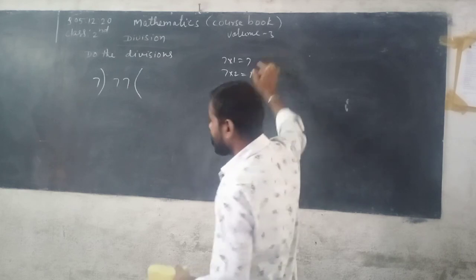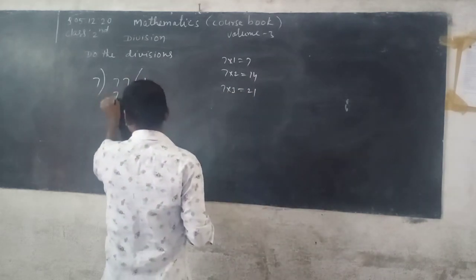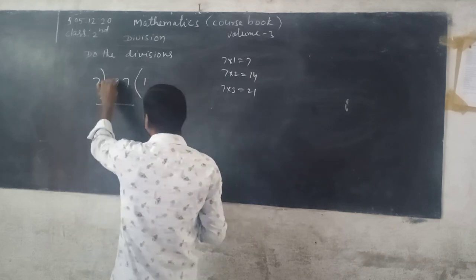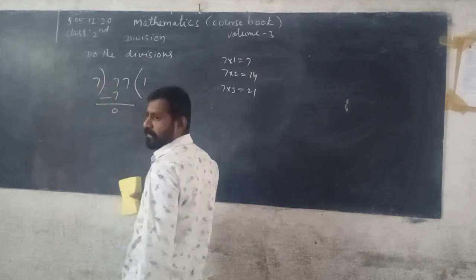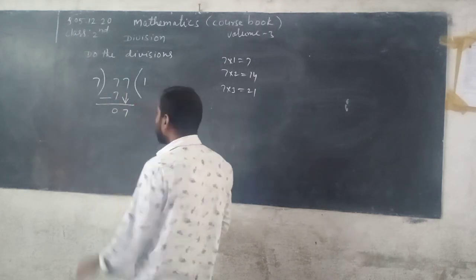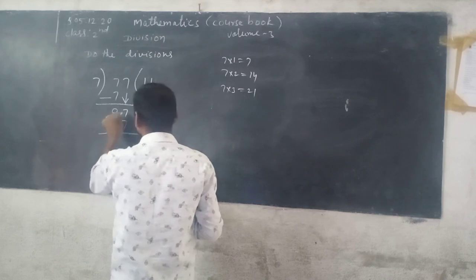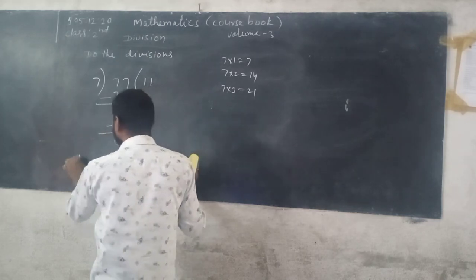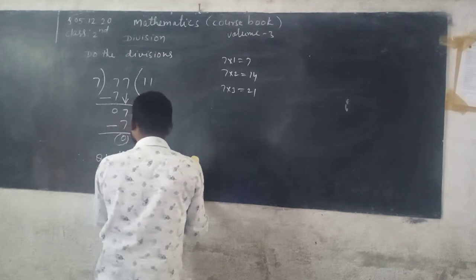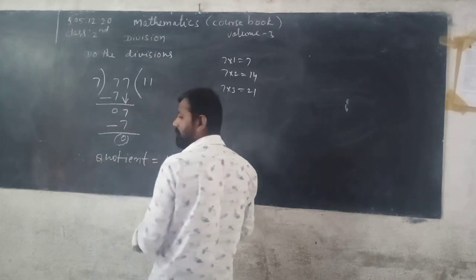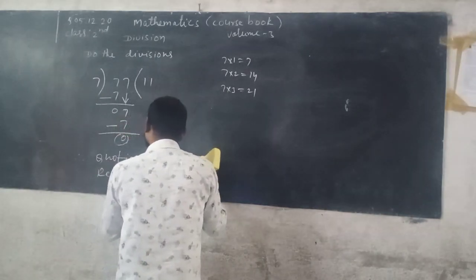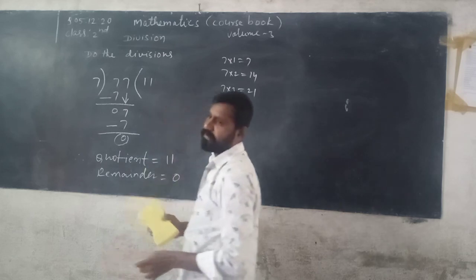You can get 7. 7 1s are 7. 7 write below 7, the first one from left to right side. See here, 7 minus 7, 0. Then next bring down 7 to the remainder. Again 7 1s are 7. 7 minus 7, 0. So therefore quotient is equal to 11. Remainder is equal to 0. Okay.